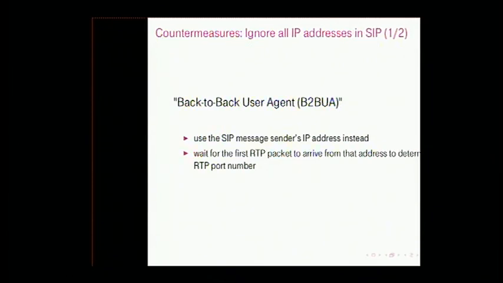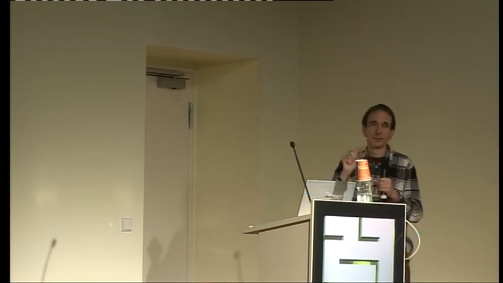It gets a bit tricky with RTP because you have to wait for the first RTP packet to know what port number this RTP stream has, which leaves a small window of attack open. If an attacker sends an RTP message in this small window, you can trick a back-to-back user agent into redirecting RTP traffic to yourself.